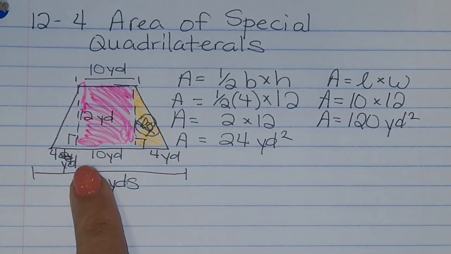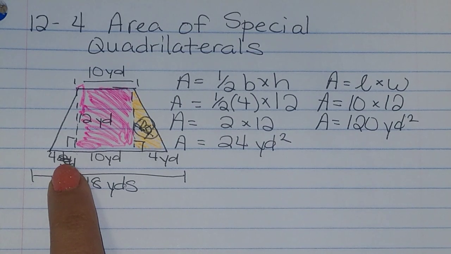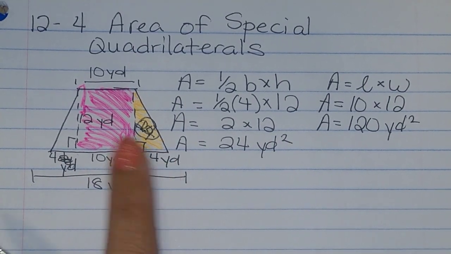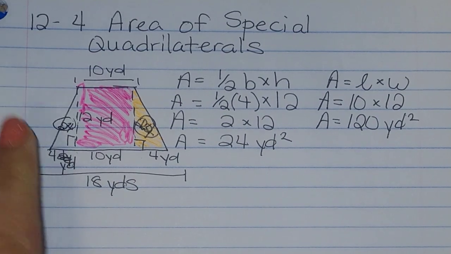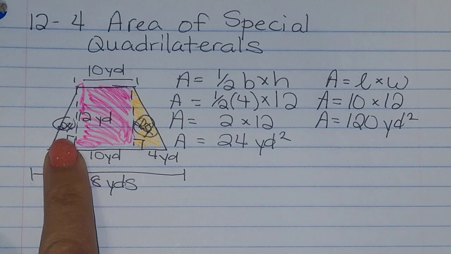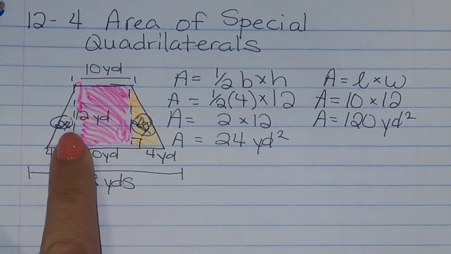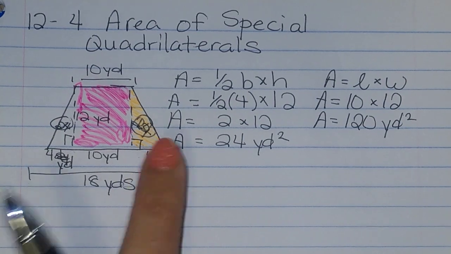Now to find the area of the whole shape, we have one more triangle. If you notice, this triangle also has a base of 4, like this one, and a height of 12, which tells me automatically it's going to be 24 square yards. Our next step is to add up the areas of the three shapes.